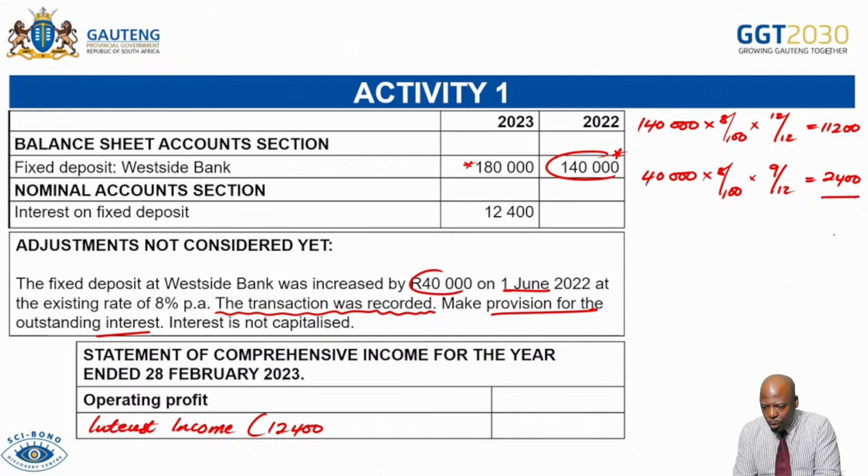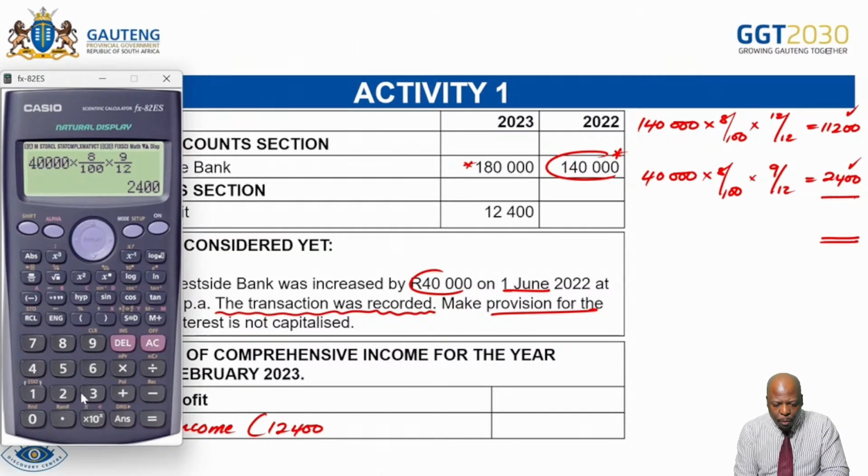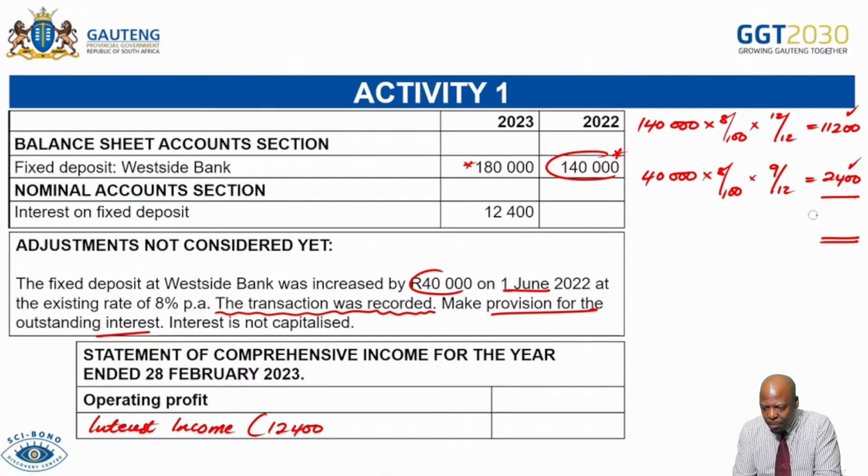So in total, the interest that we must have is 11,200 plus the 2,400. That is going to give me 13,600. So we must have 13,600.